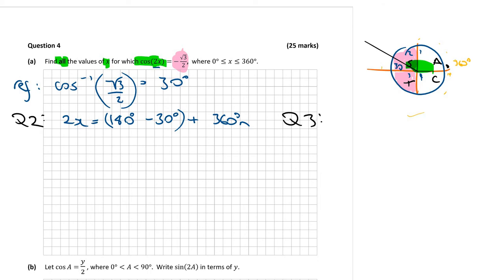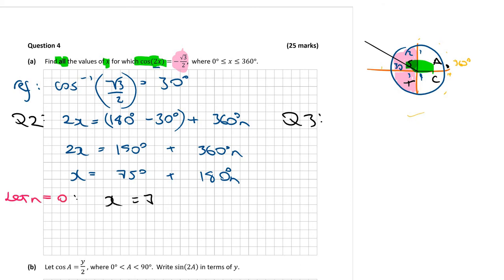So just answering this one out in full, 2x is equal to 150 degrees plus 360 n. So therefore x is equal to 75 degrees plus 180 n. I've just divided everything by 2 there. So all you do now is you let n equal to 0, and we have x equal to 75 degrees plus 0 times 180.